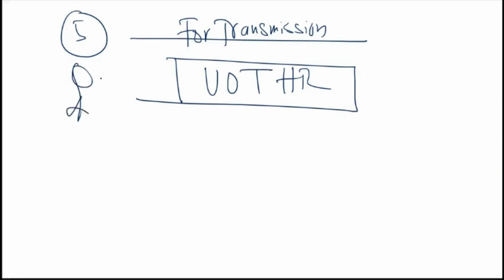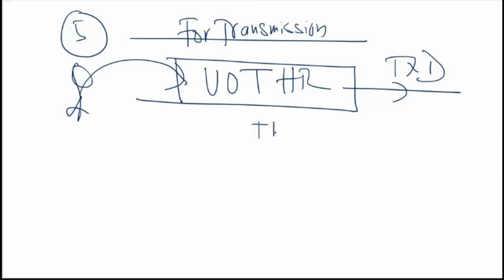The job of the user is to put the 8-bit data here, and this will serially transmit it via the transmit pin. How do I know whether the microcontroller has successfully transmitted the data? I know that by using a flag. What is the name of the flag? Transmit holding register empty flag. If that is a 1, then I know that the microcontroller has successfully transmitted.